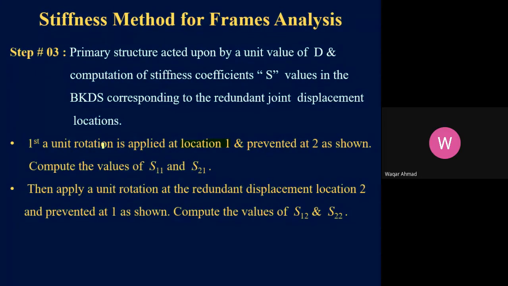So I have to find those fixed end moments first at location number 1, and then at location number 2. Okay, so I will call it the S11 coefficient and S21 coefficient: A at location 1 due to unit displacement at location 1, and A at location 2 due to unit displacement at location number 1.